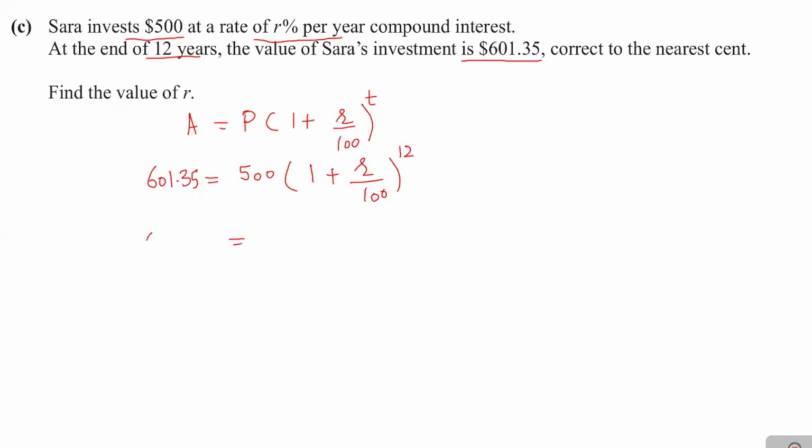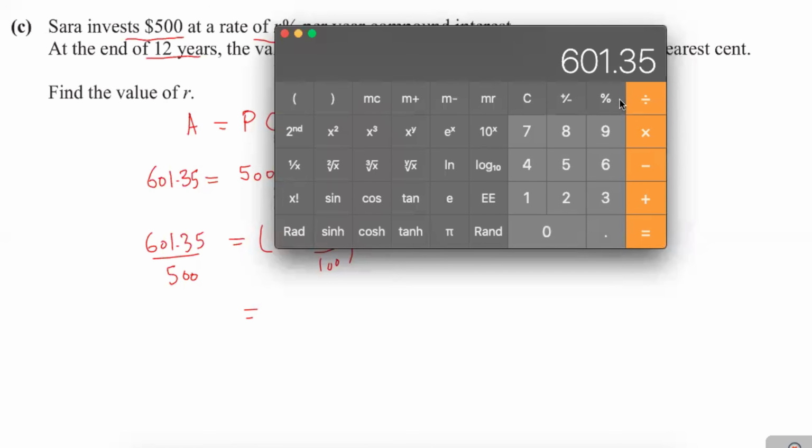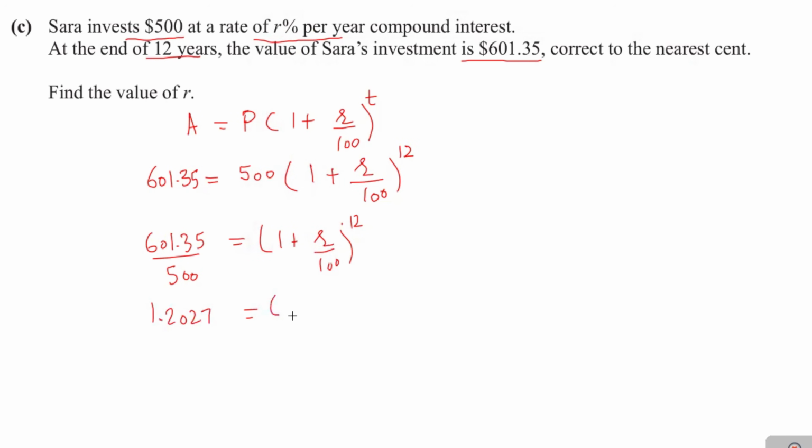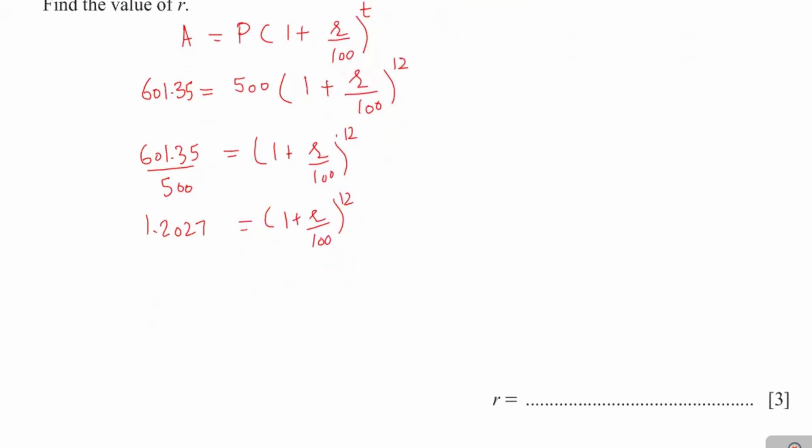Now 601.35 divided by 500 equal to 1 plus R over 100 power 12, and this value will be equal to 1.2027. Now we take the 12th root.